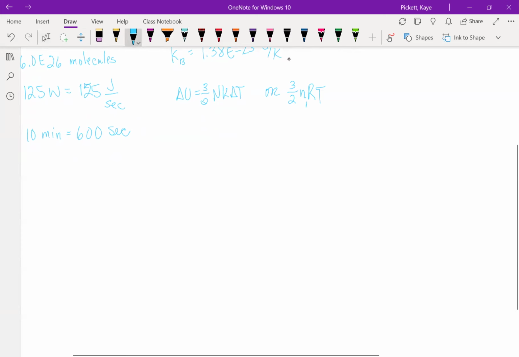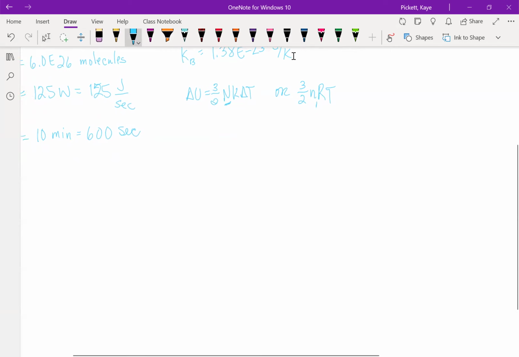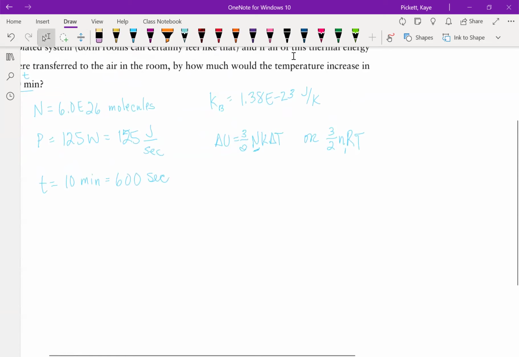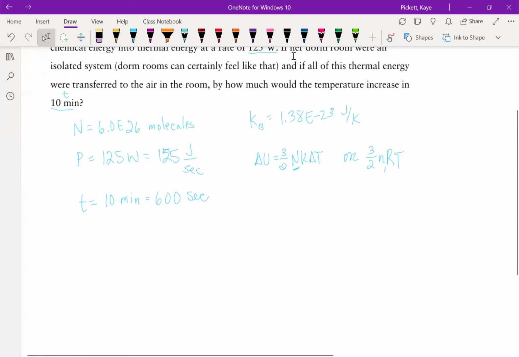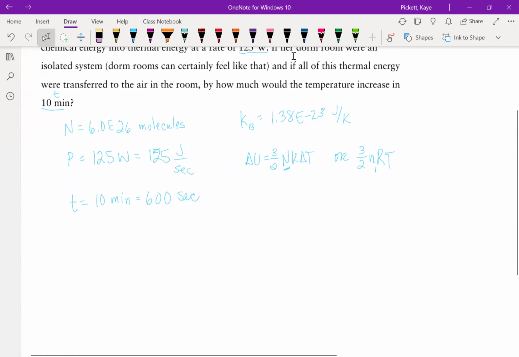In this case, I'm going to use this equation because it deals with the total number of molecules, which is what I have. I have that many molecules, and the other requires moles. I could figure out how many moles I have, but that's an extra calculation that I don't really want to do. So we're going to go with this one.